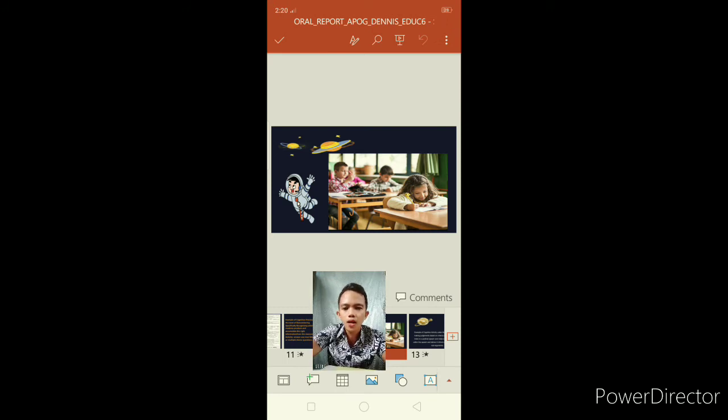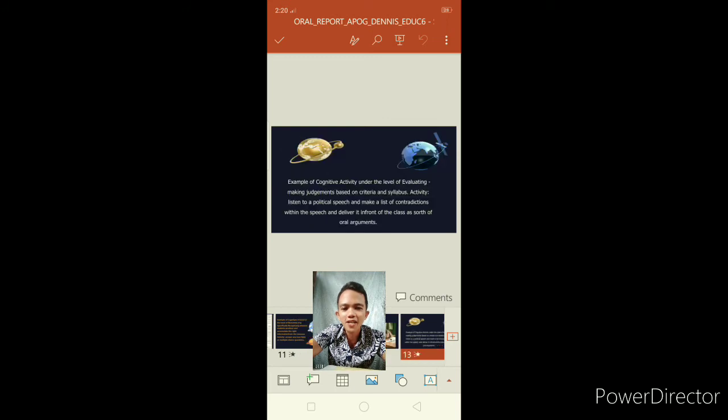As I mentioned earlier, these are examples of the activities that the students could have and what they can manipulate in terms of their assessments.